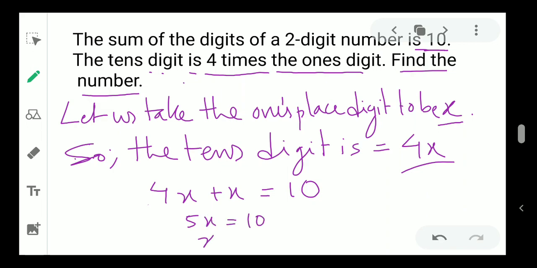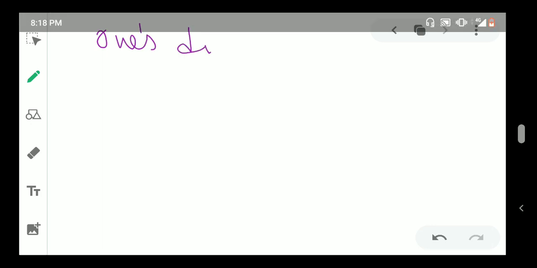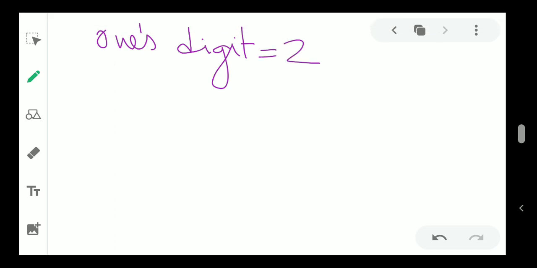That means x is equal to 10 by 5, that is 2. So x is 2, that means the ones place digit is 2. So the tens digit is 8, 4 into 2, that is 8.